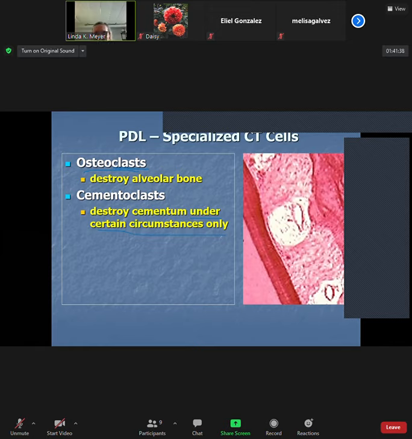Okay, so I am going to have you draw in an osteoclast in this area. It is a very big multinucleated giant cell. I'm just drawing 3 nuclei in it, and that would be found at the surface of the bone. Notice I drew it in the PDL space. Or I could draw one right here where there's a little scalloped area in the bone.